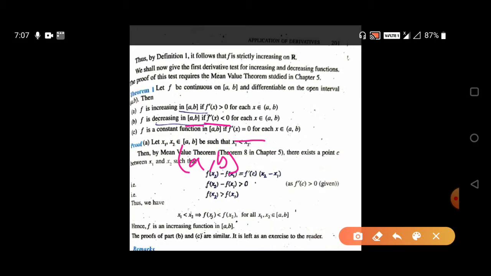So for increasing it will be closed interval, for strictly increasing it will be open interval. For decreasing it will be closed interval and for strictly decreasing it will be open interval. For increasing we should get f dash x greater than 0 and for decreasing we should get f dash x less than 0. If we get f dash x equal to 0, then f is a constant function.